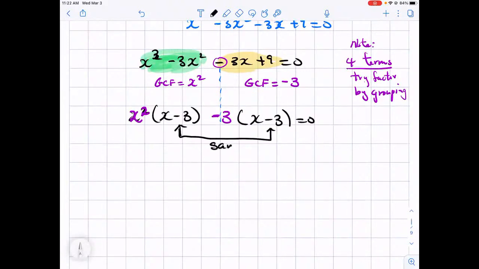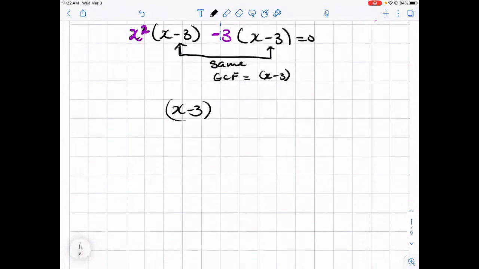If not, grouping is not working or you made a mistake. Not only is it the same, but that's a GCF again. Take out that GCF of x minus 3, and we have left x squared minus 3, and that is equal to 0.